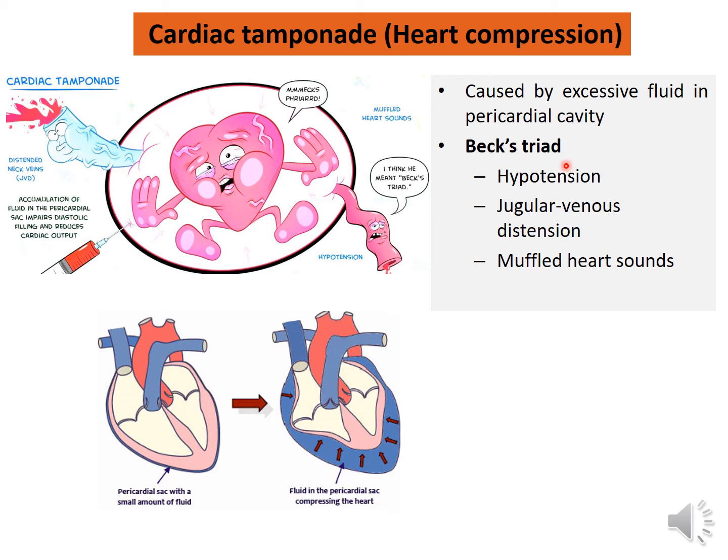The clinical manifestations of this condition are described in the form of Beck's triad, which includes hypotension due to the impairment of venous return into the heart. The jugular veins will get dilated; you can observe venous distension, and also you can see poorly audible heart sounds. So these are the three important clinical manifestations that you can observe when there is a cardiac tamponade.